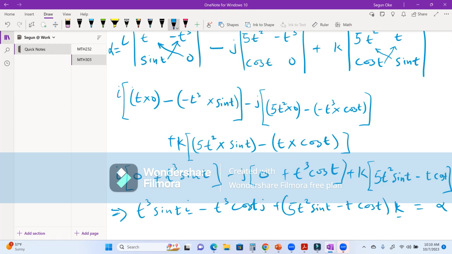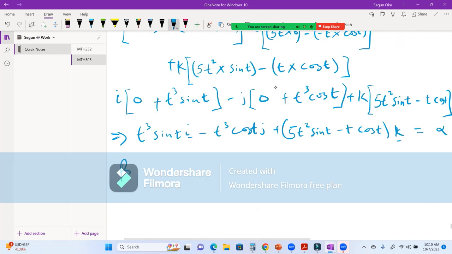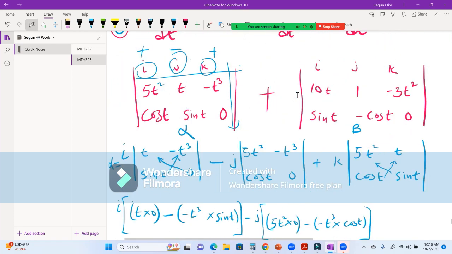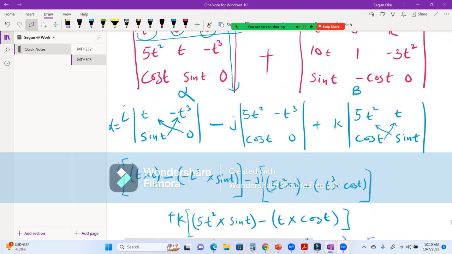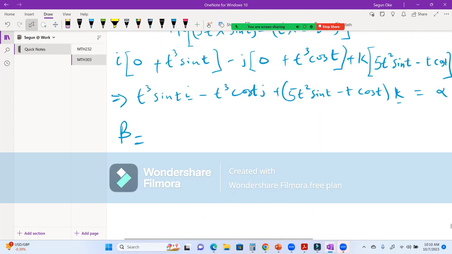Don't forget. Now I need to go and work with beta. Please mute yourself. Okay. So our beta will be, let's go for beta. What do we have? So for the beta, we have the matrix to be what? Let's write the matrix out so that it will help us.